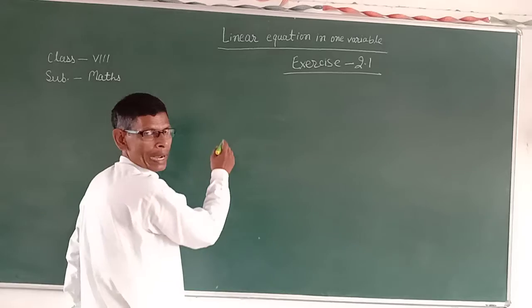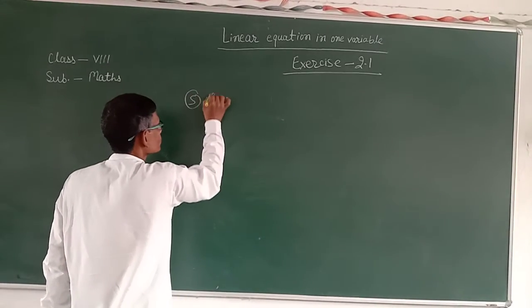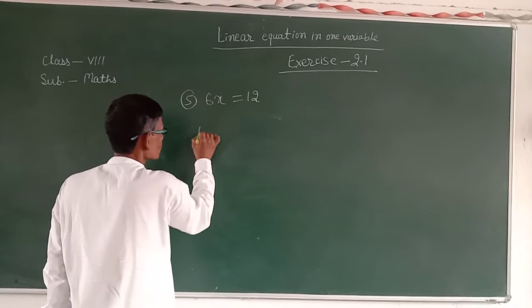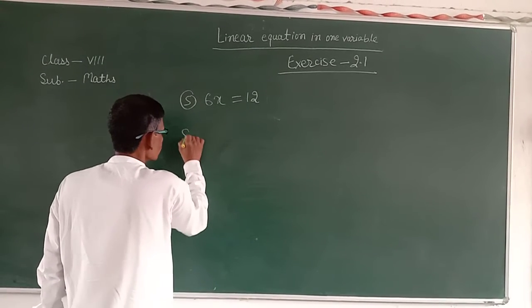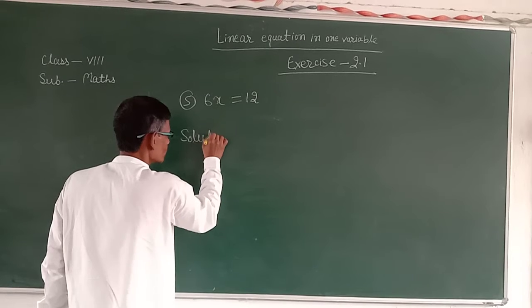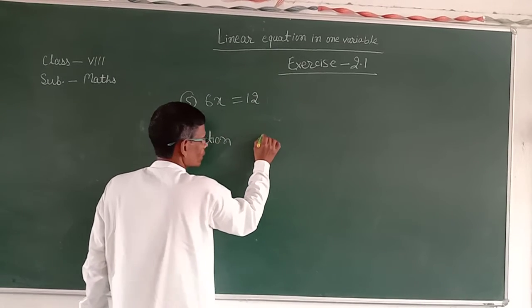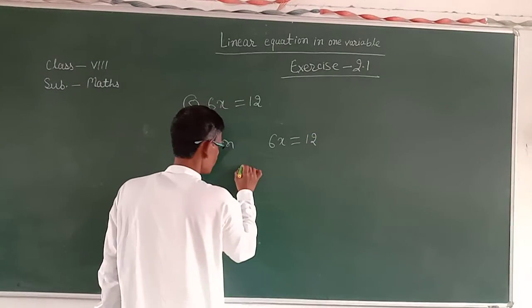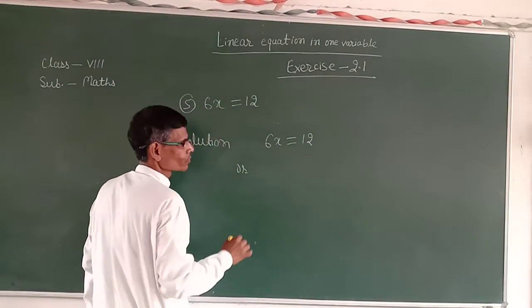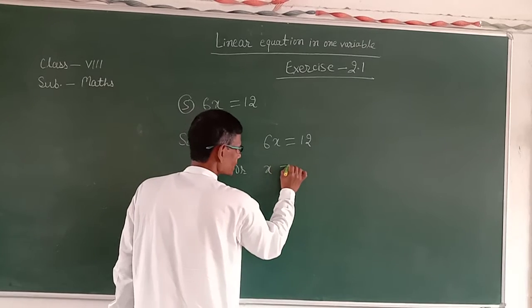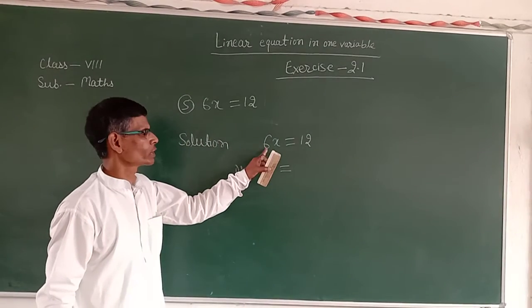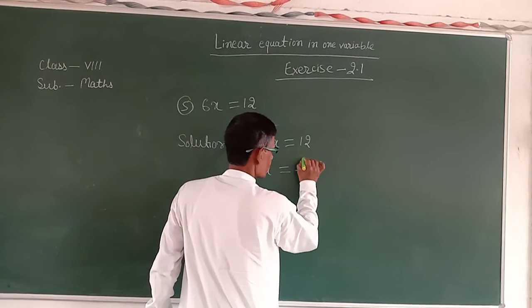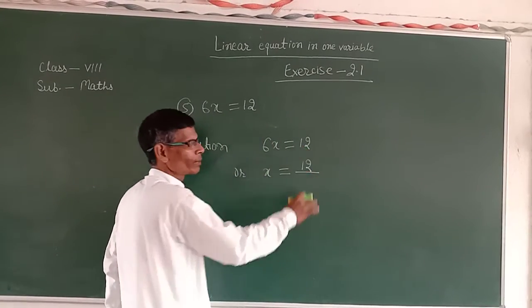Question number 5. 6x equal to 12. Solution. Equation is 6x equal to 12. Or x equal to, transpose this constant 6 to the right hand side. In right hand side 12 is present.